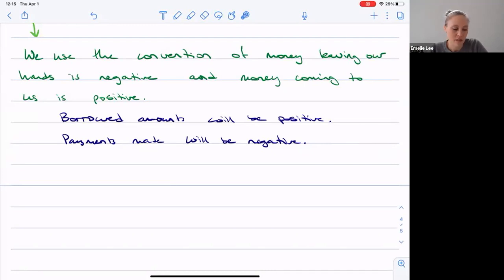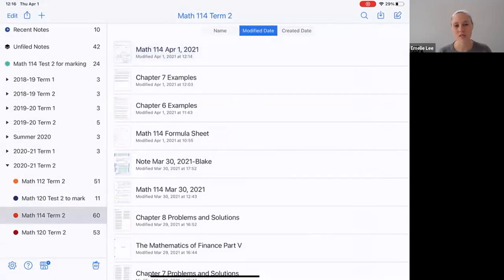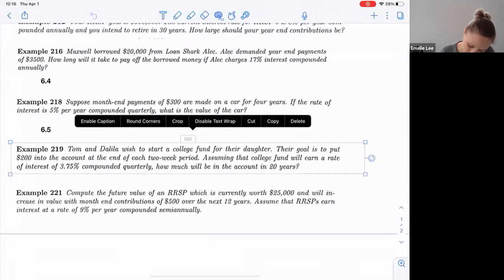All right, so let's do an example, and I want to do it by hand first, and then do it on the calculator. We can do both; it's just that sometimes the calculator is going to be quicker, maybe not easier.